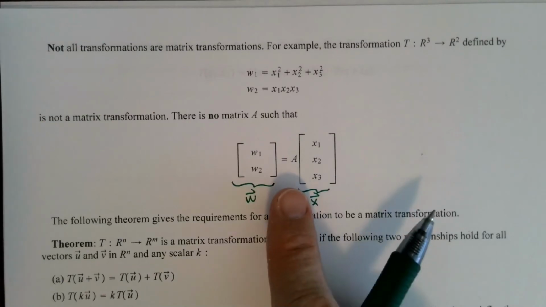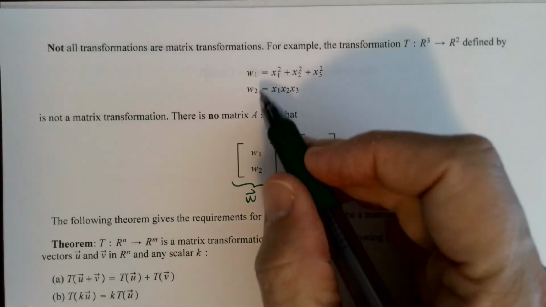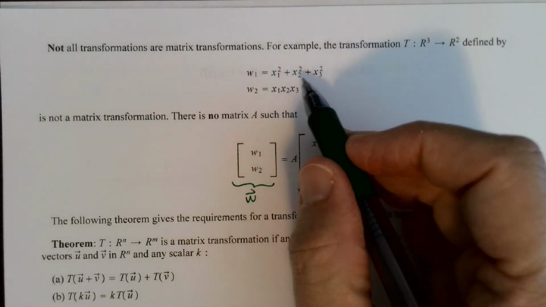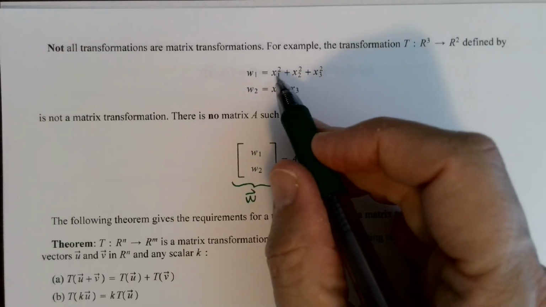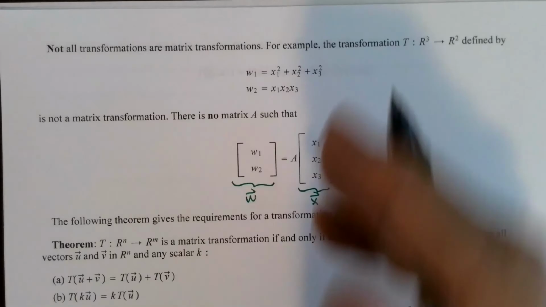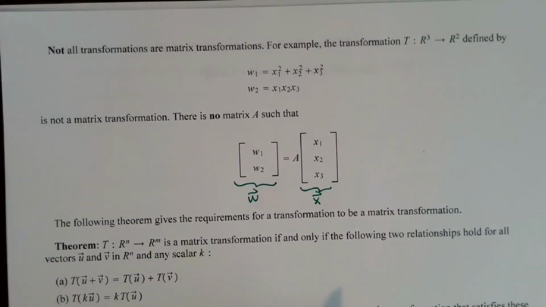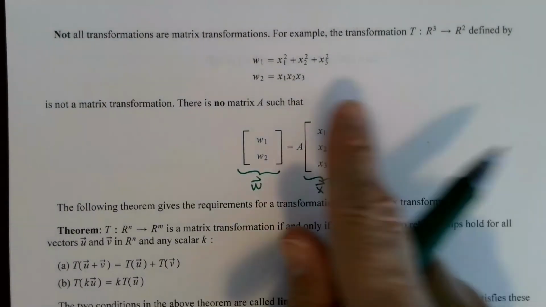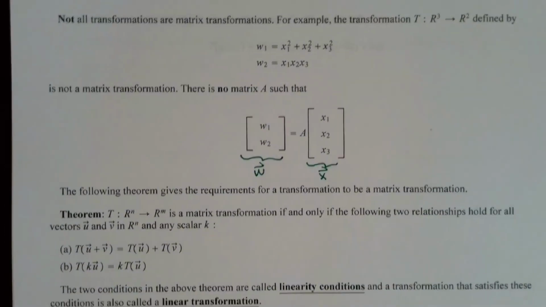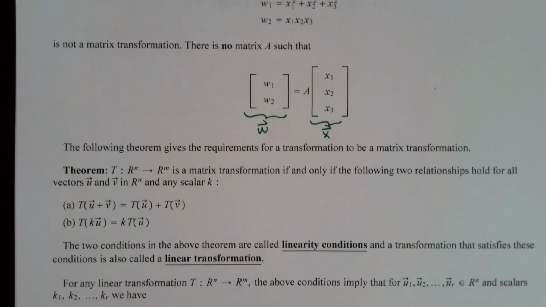And you can probably see why. This is not a system of linear equations here, is it? Because I'm squaring and multiplying, so that's not a situation. It's still a transformation. I can still plug in inputs and get outputs by this relationship, but it is not a matrix transformation.